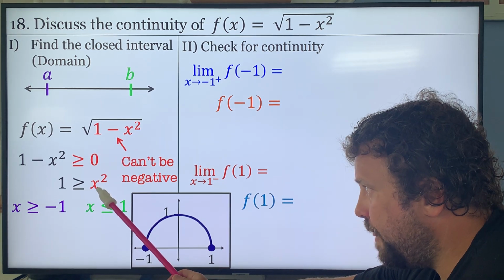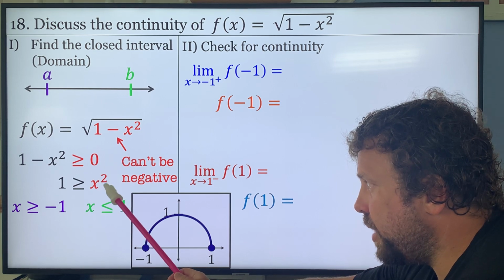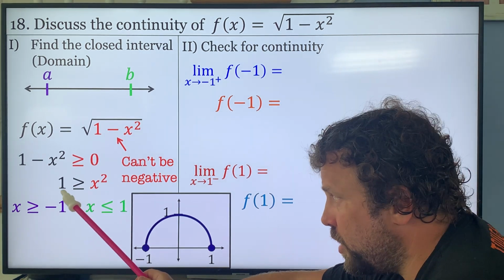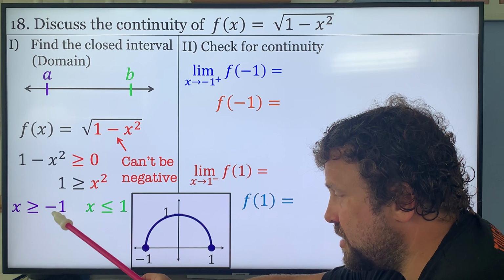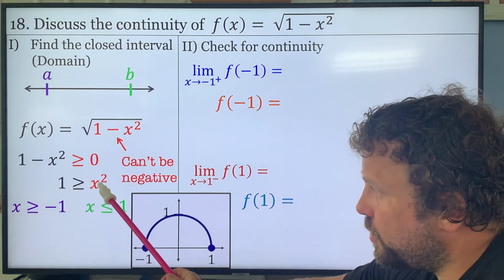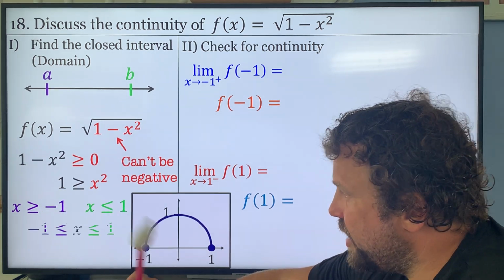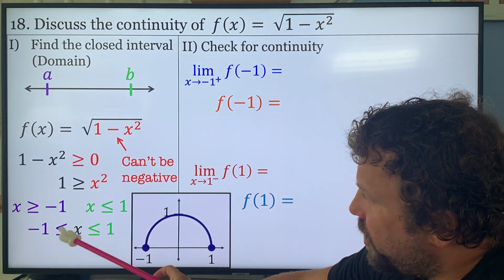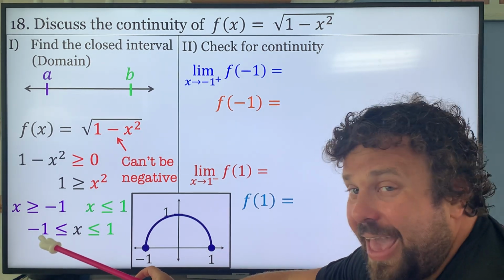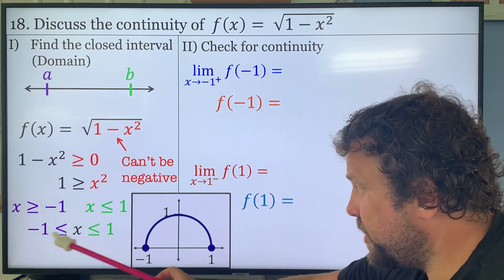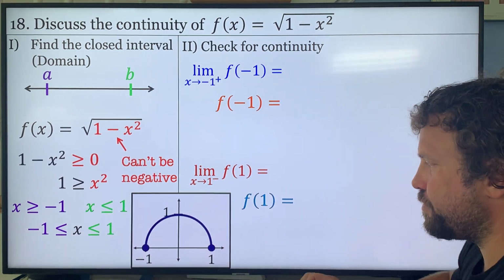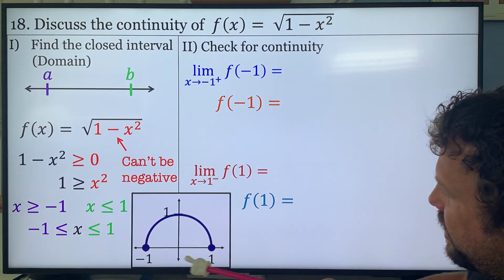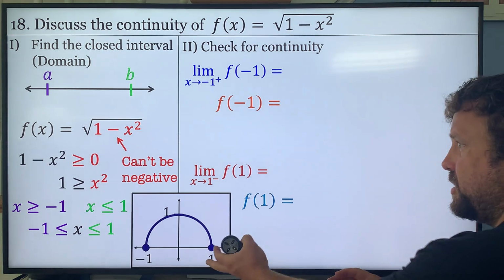Because negative 1 squared is 1, that's why it's less than or equal to, and I could also say 1 squared is 1. So your answer is going to be greater than or equal to negative 1 and less than or equal to 1. So it's going to be between negative 1 and 1, and you can see it shown right here in the graph.